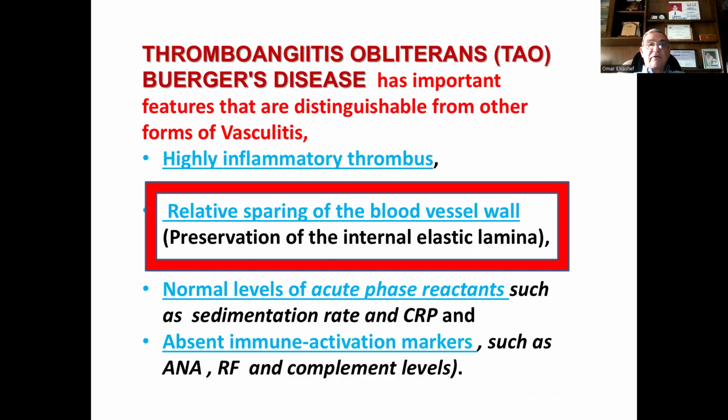Thromboangiitis obliterans Buerger has important features that are distinguishable from other forms of vasculitis.